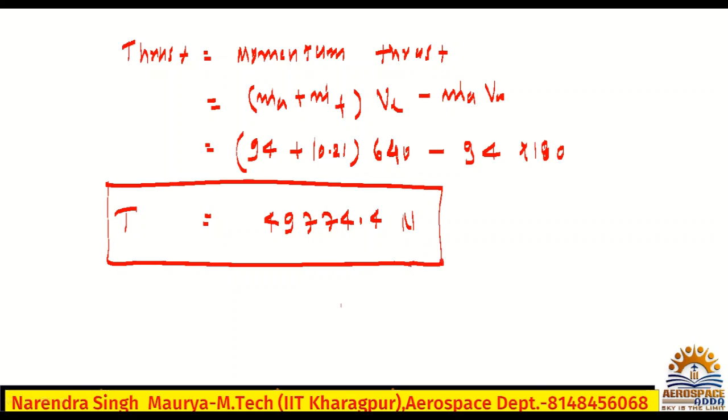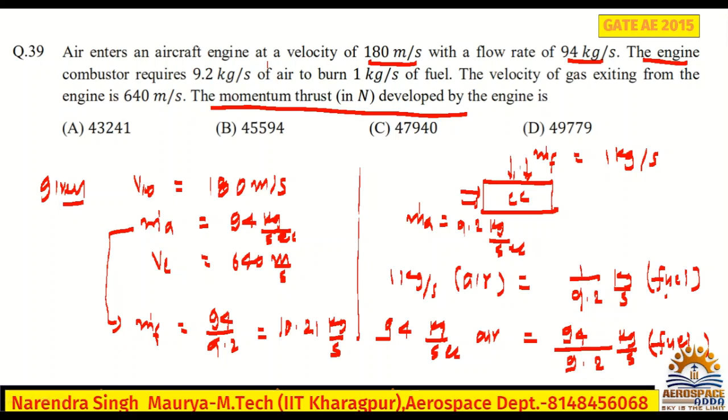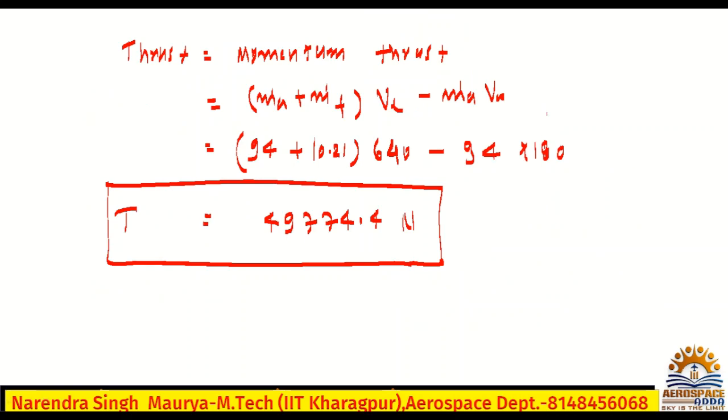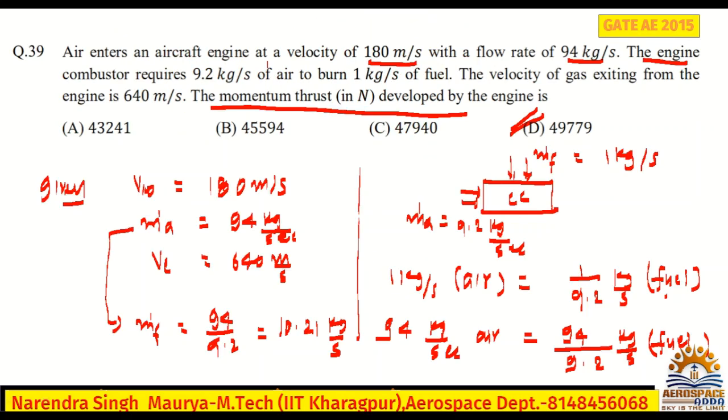Check the option. 49774. So approximate this. Check, 49779. Here you are getting 49774.4 Newton. Because this unit is given in Newton, I think option D is very close to this, 49779. It is approximate to our answer. What is our answer?